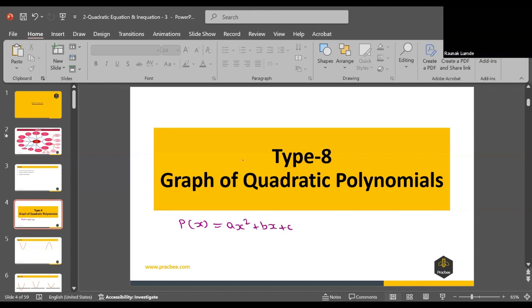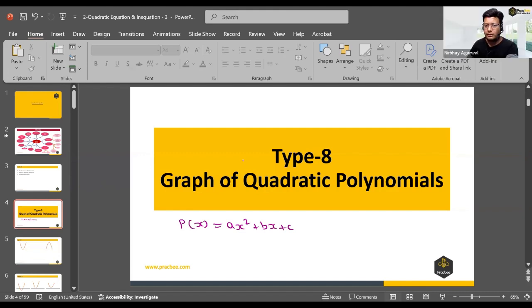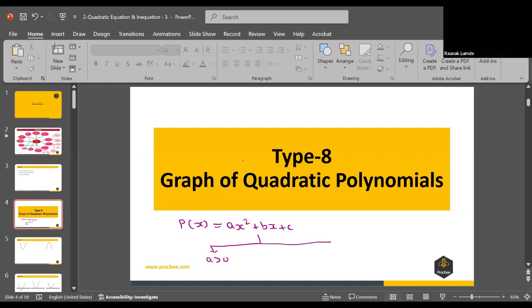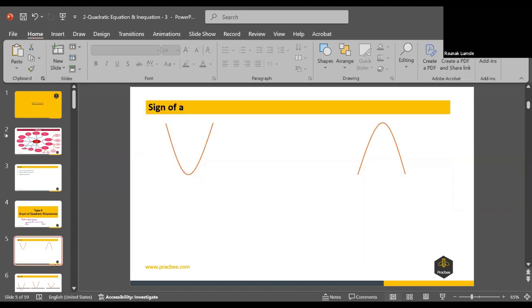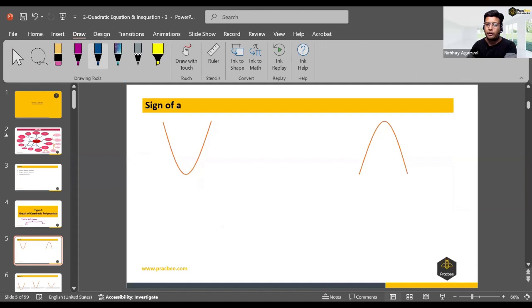This is our quadratic polynomial expression. There are two conditions. One is a can be greater than 0. Second is a can be less than 0. Means coefficient of x square is positive and coefficient of x square is negative.